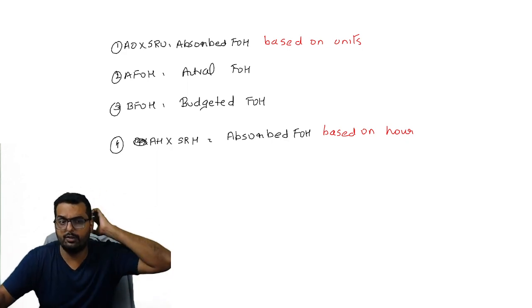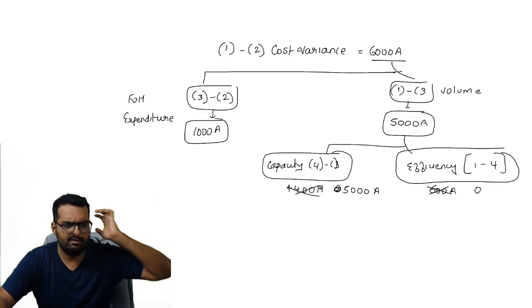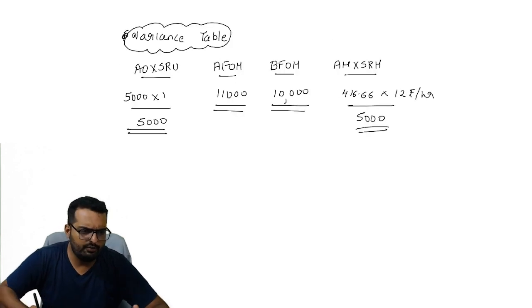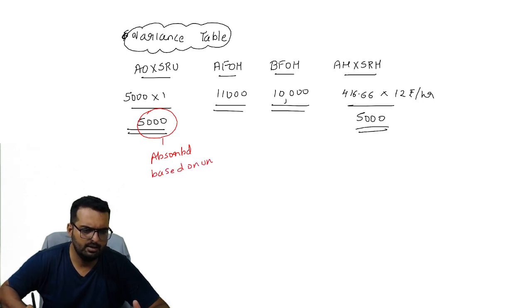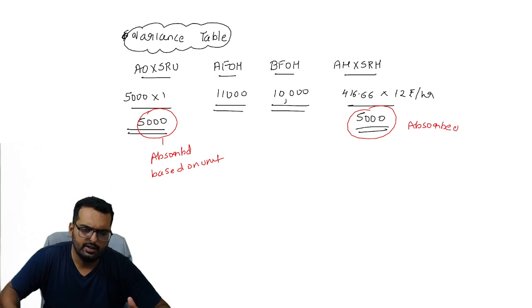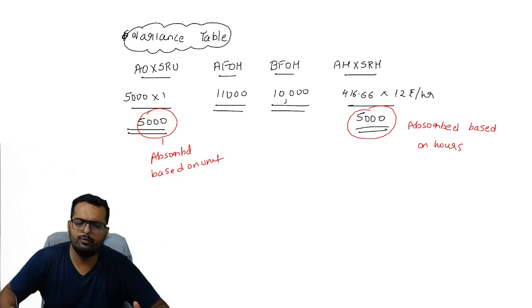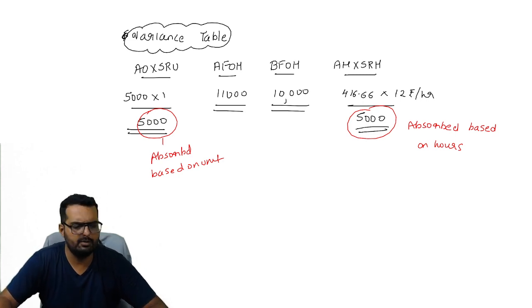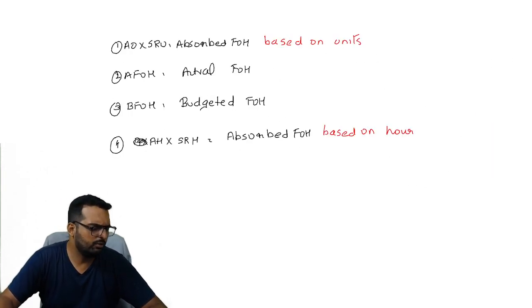Based on hours, you will get a different answer. Luckily, in our case, we got 5,000 as absorbed based on units, and we again got 5,000 as absorbed based on hours. That is because I kept the time same. If the time was different, we would have got a different answer altogether. Are you clear now? Please write down this also in your books now.